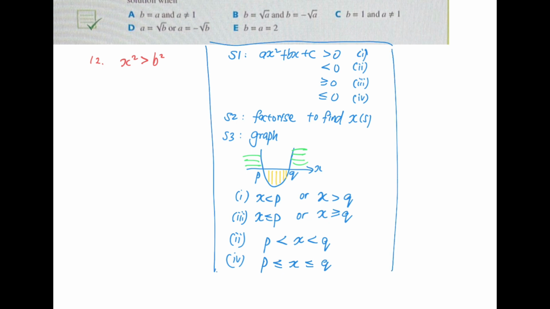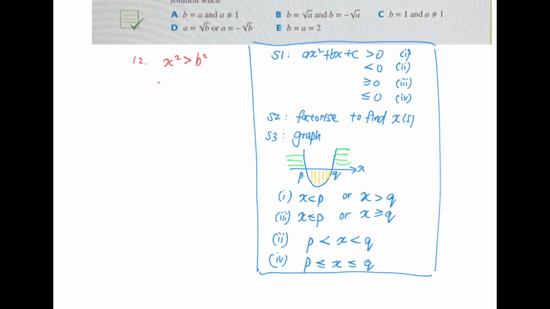Okay, now let's see how we apply it in this question. So these are the steps. I put all this in a box. So these are the steps. Okay, now let's see how we solve it. So I'm going to bring b squared to the left so that I can use the formula x plus b, x minus b, to factorize the difference of square.